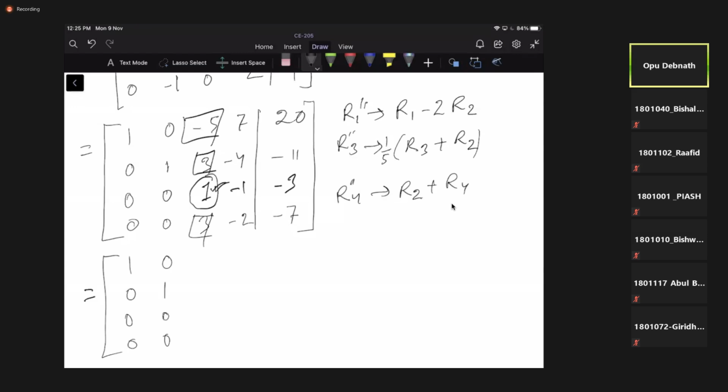Okay, 0 1 0 0, and I will make it 1. So this is already 1. R3. So let's write the operations first. So for row 1, R1 is simply R1 plus 5R3, minus 5 plus 5. This will give 0.